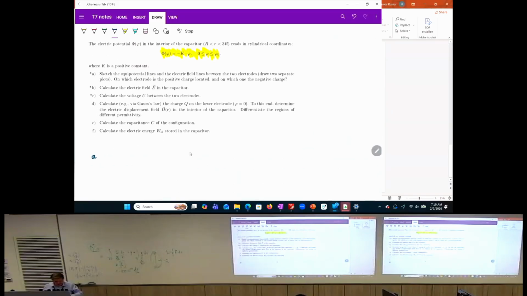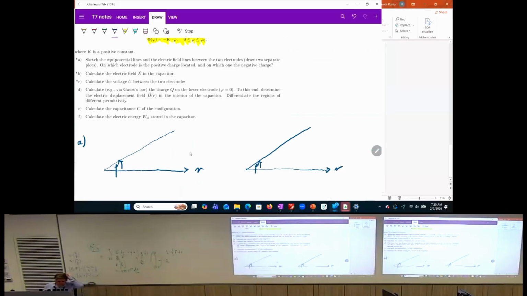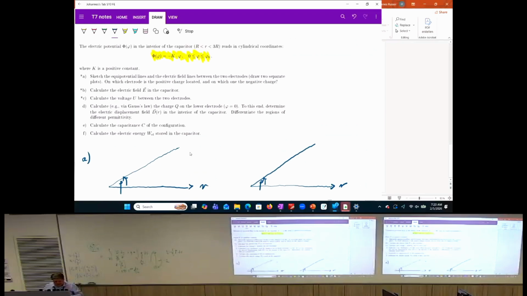We have part A, this is R, two plots. So this is phi. And what are the equipotential lines? You see the potential is given here, and it only has a dependence on phi. That means if you have a constant phi, you're running on an equipotential line, which you see immediately. So we have our lines here. The potential Phi is minus k times the small phi.